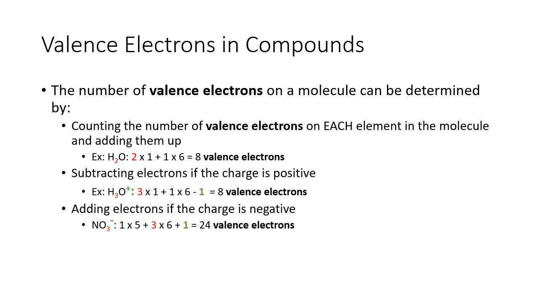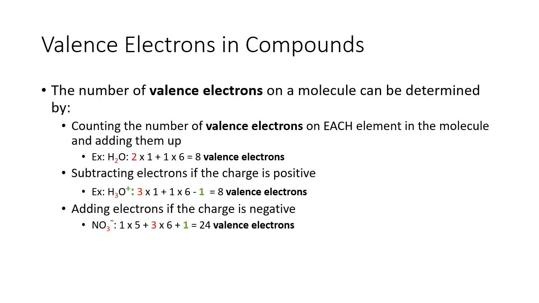If you have an ion and it's positive, you would subtract that positive charge. So for H3O+, the hydronium ion, we have 3 hydrogens with 1 electron each, 3 times 1, plus 1 times 6 electrons for oxygen, minus 1 for that positive charge, giving you a total of 8 valence electrons.